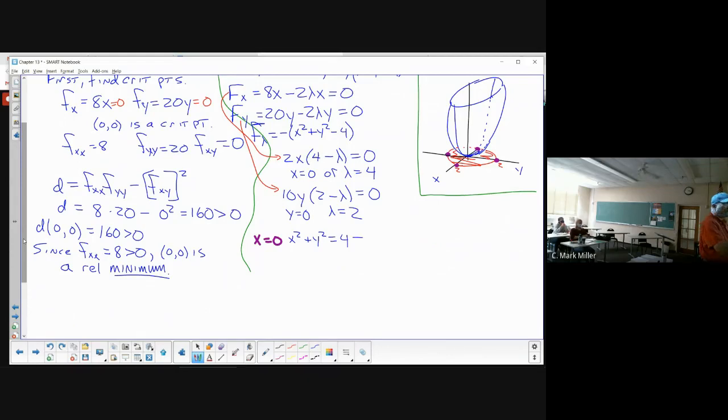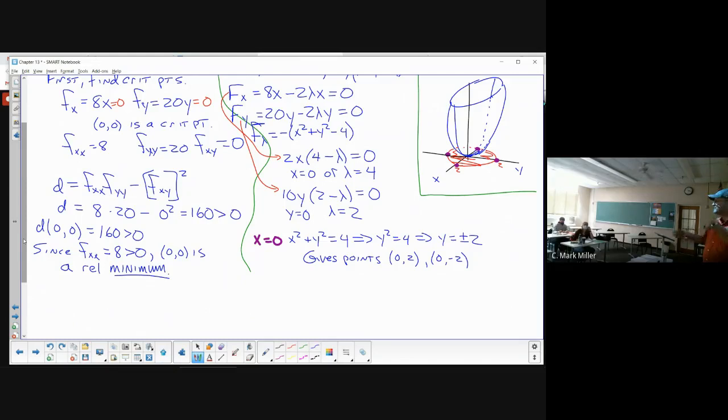If x equals 0, that implies y squared equals 4, which implies y equals plus or minus 2. So that gives us the points 0, 2 and 0, minus 2. Those are those 2 points there.